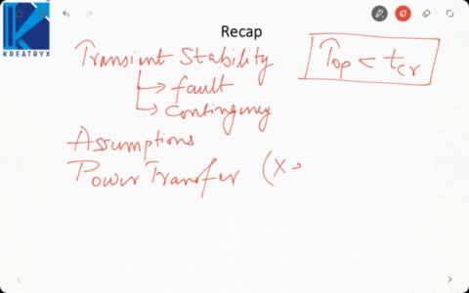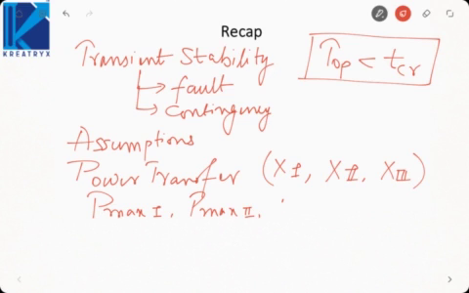So we define three reactances: one before the fault, one during the fault, and one after the fault is cleared. Similarly we define three Pmax, Pmax1, Pmax2, Pmax3. This was called the transient stability limit and the other two were steady state stability limits.